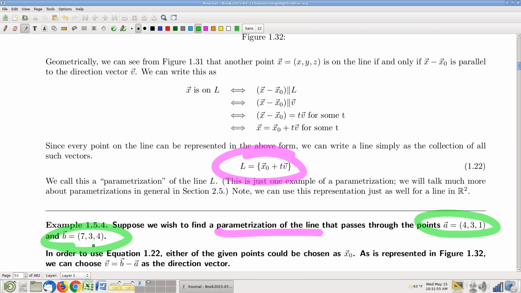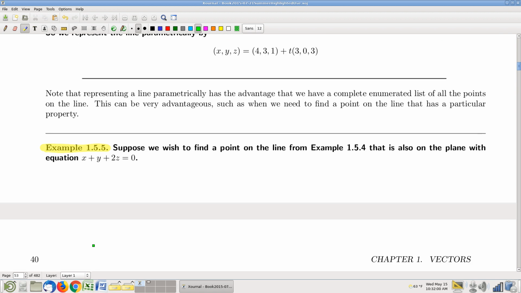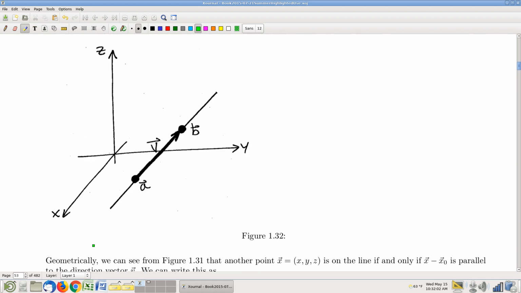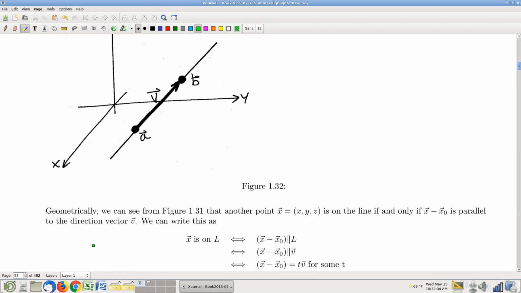I am not given a vector parallel to the line. So I've got to play the puzzle again. Where's my picture? Yeah, here we go. I'm given this, and I'm given that. How am I going to find a vector parallel to the line? Well, no surprise. Subtract. There's a vector parallel to the line. I'm going to use that as my direction vector.